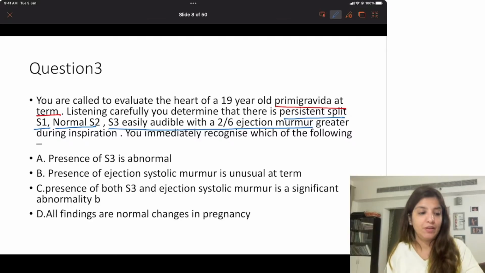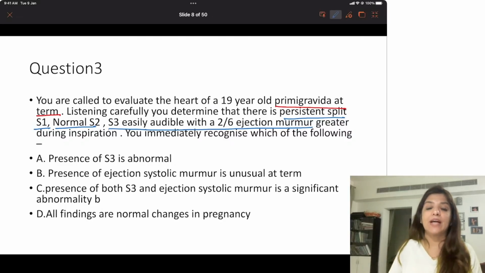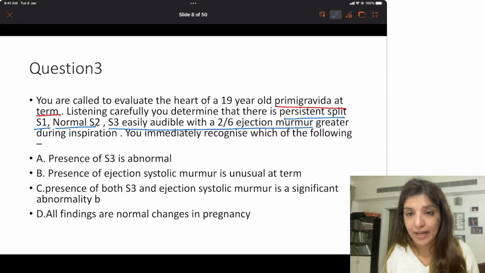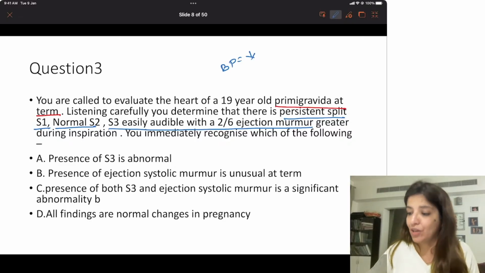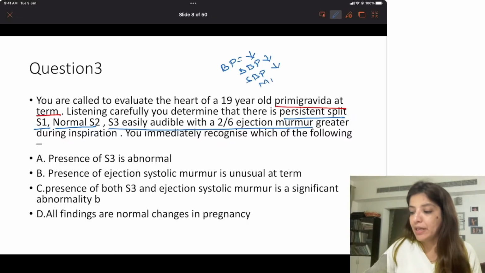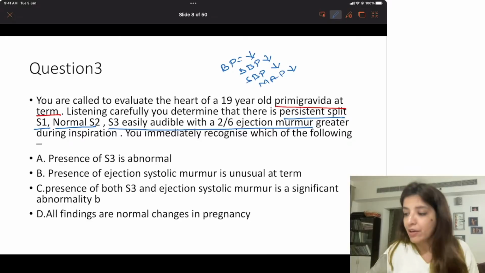Tell me. All of you say that this is normal? Yes. All these findings are normal findings in pregnancy in a heart patient. So, in the cardiovascular changes seen in pregnancy, BP decreases during pregnancy. Why does blood pressure decrease? Because progesterone is a smooth muscle relaxant. So, there is a decrease in diastolic BP, decrease in systolic BP, decrease in mean arterial pressure, right?